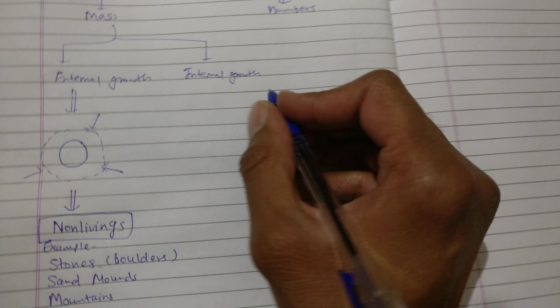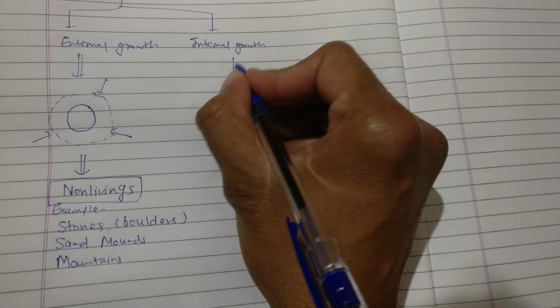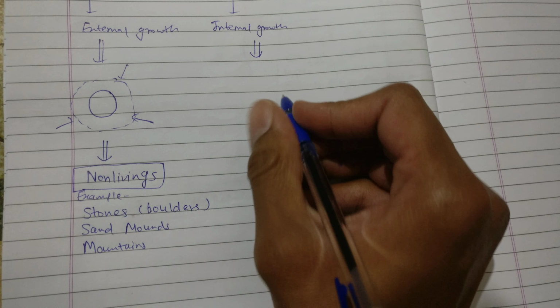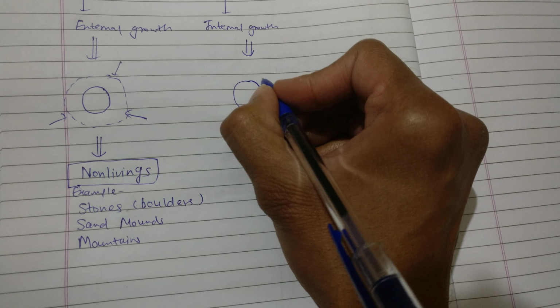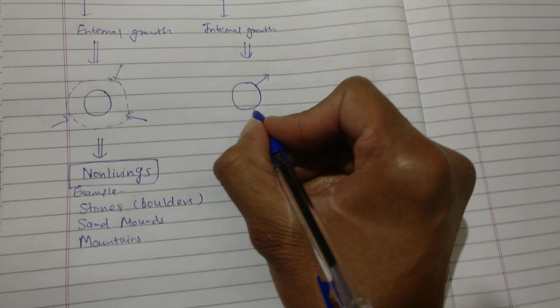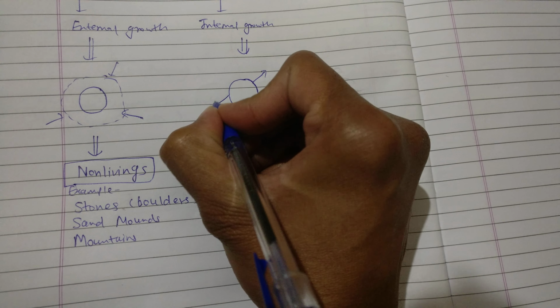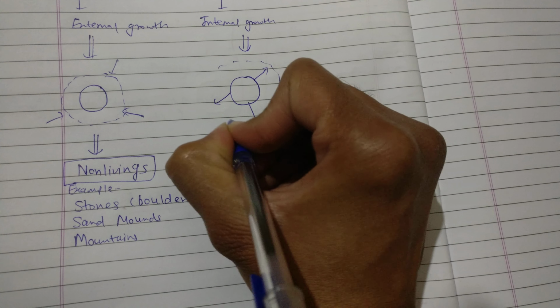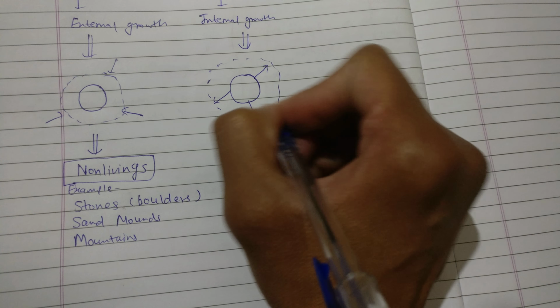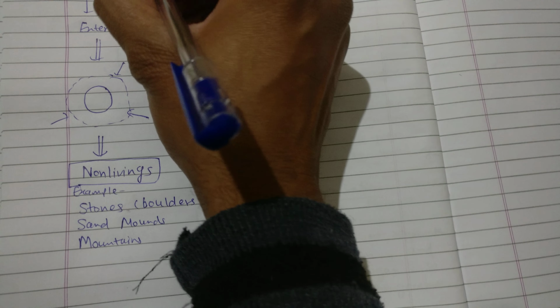Next we're talking about another type of growth, internal growth. Suppose this is the initial size, but this time the growth is from inside, and due to this the size increases, mass increases. In both types of growth the weight increases.